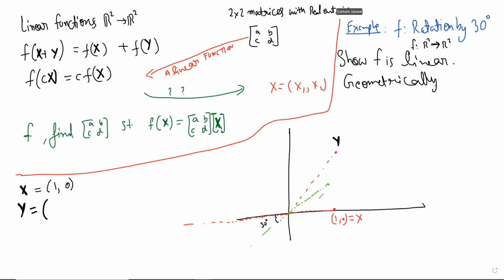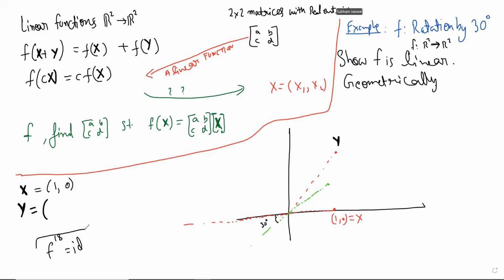Right. Okay. So that's a feature of this function. So you were saying that basically this function composed 12 times is the identity function. But that doesn't mean it's going to be linear.